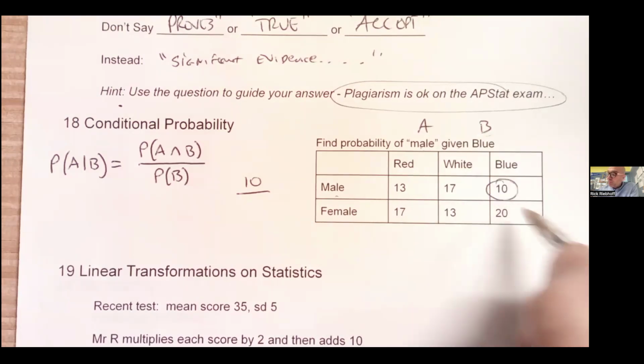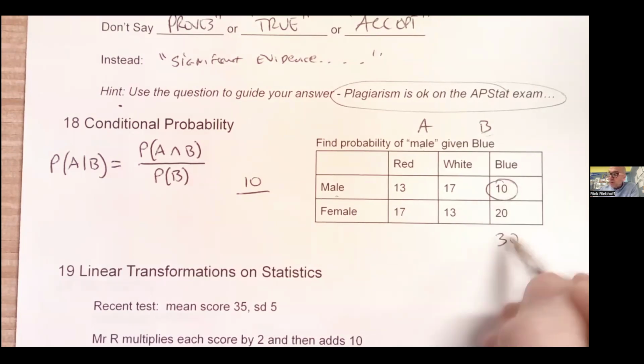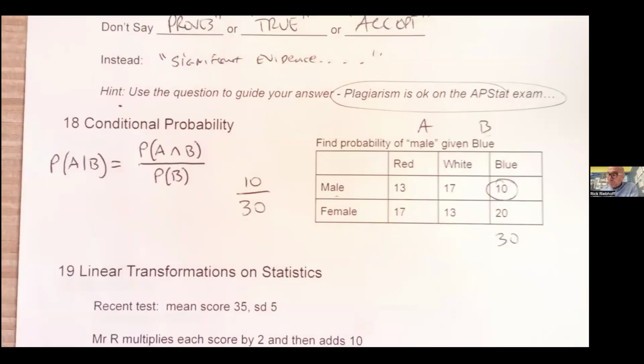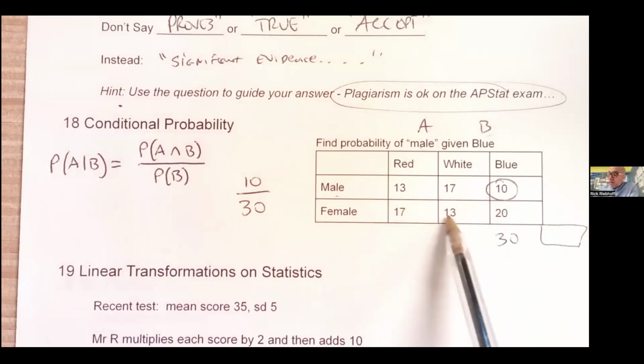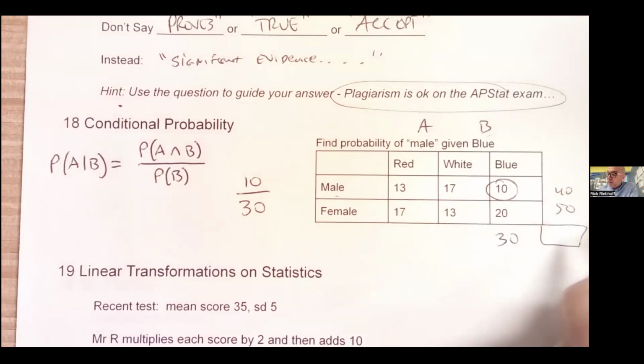Over the probability of blue. Blue is 30 out of 30, right? So there's 30 blue. There we go. So 10 out of 30. If you did the probability of A and B, you'd have to find out the full number here. I think it was 30, 40, 50. Is that right? 40 and 50. I think this is 90.